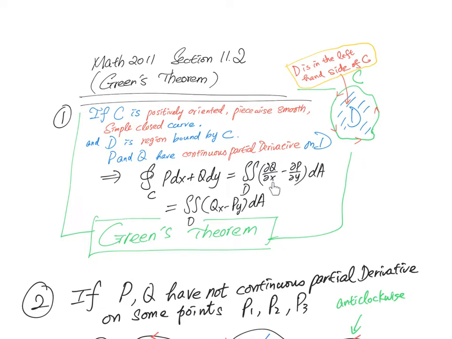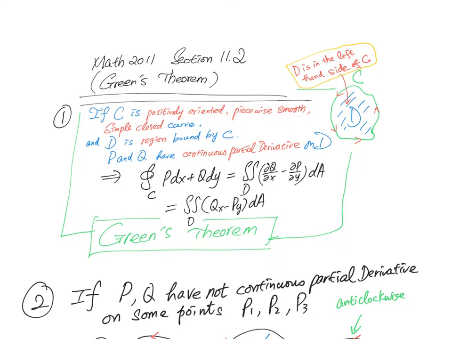Notice that if it is a conservative field, this equals 0. However, if it is not a conservative field, this may equal some function. It may not be equal to 0. So you just use a double integral to compute this.